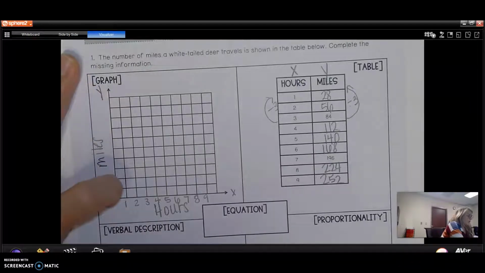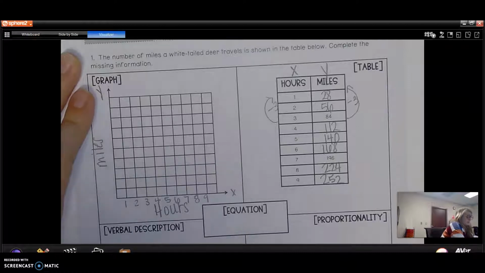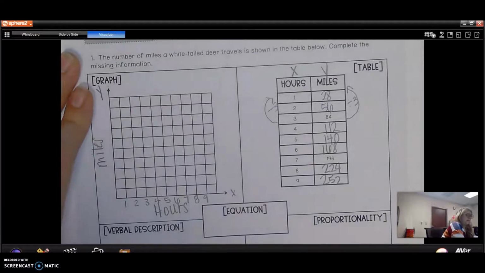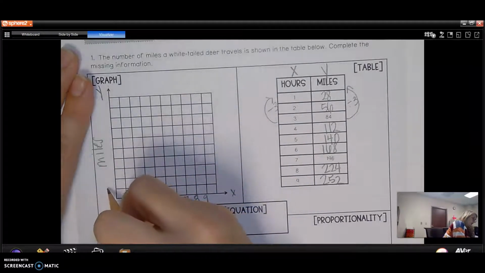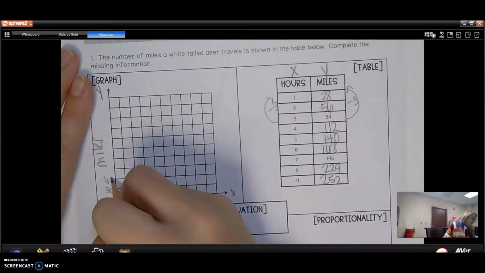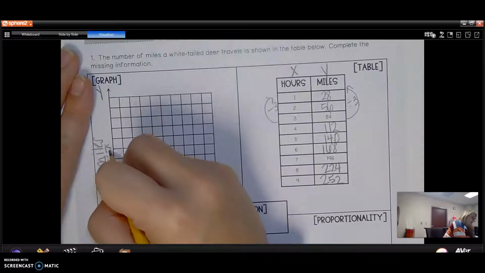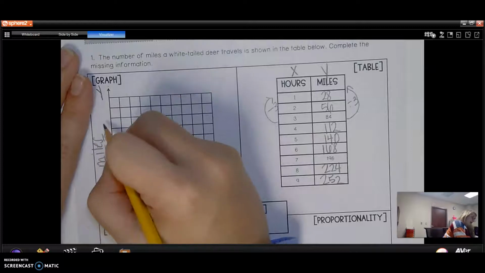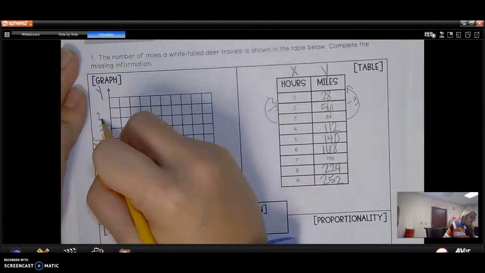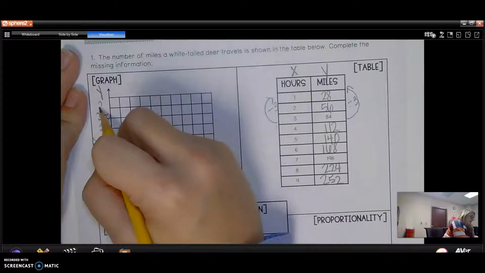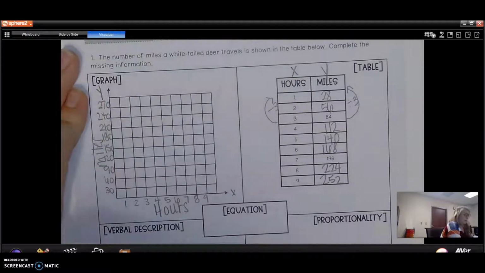Okay. And then over here, because we go all the way from 28 to 252, it might be easy for us to do increments of 30 or increments of 20, whichever one that you prefer. So I'm going to do 30. So 30, 60, 90, 120, 150, 180, 210, 240, and 270.